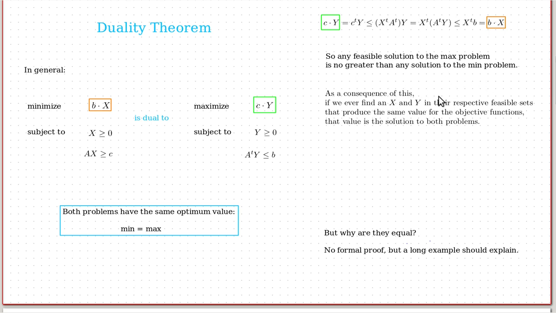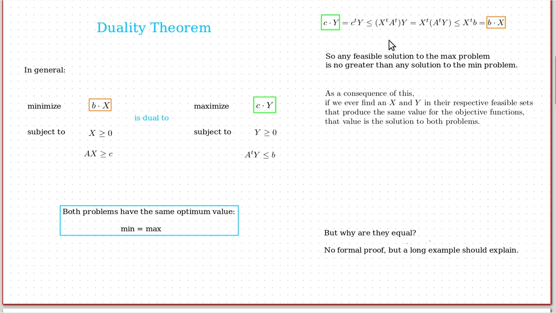Another way to put it is that if you ever come up with a pair of solutions, a feasible solution to both problems, right? So X is a feasible solution to the first problem, and Y is a feasible solution to the second problem.